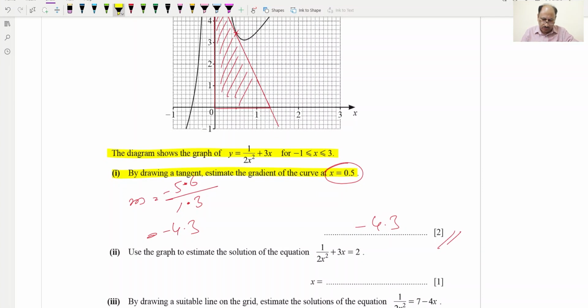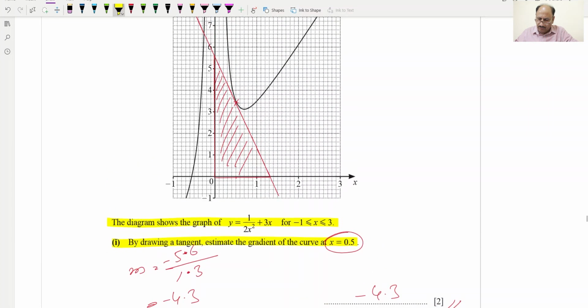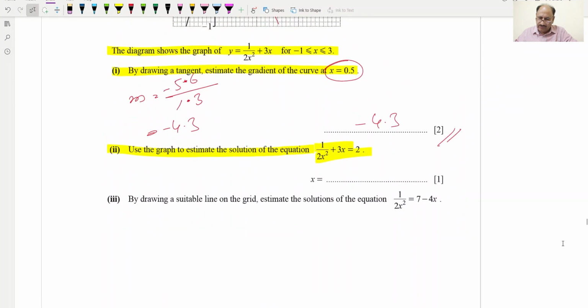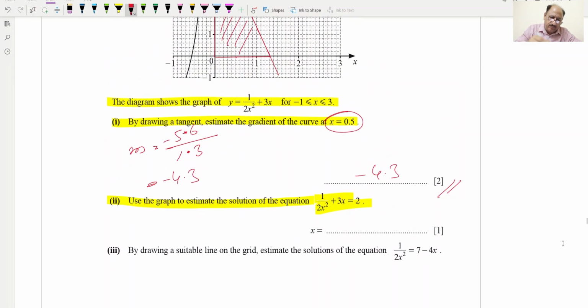Now for the second part, they're saying use the graph to estimate the solution of this equation. So 1 by 2x squared, if we compare this portion, it is the same as this one, so we can write y is equal to 2.